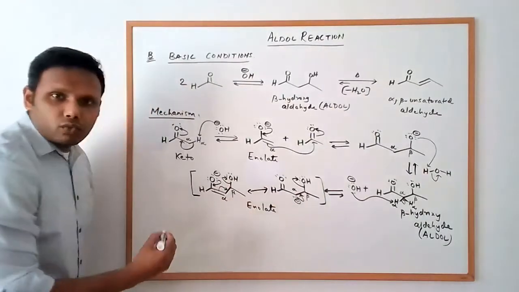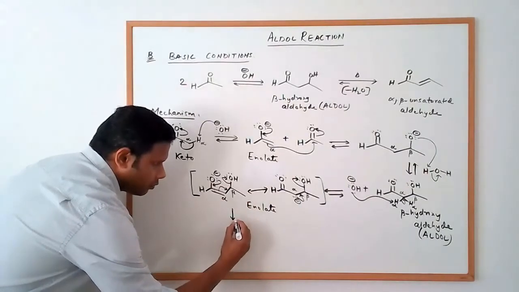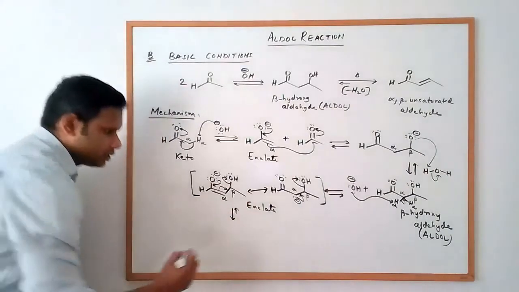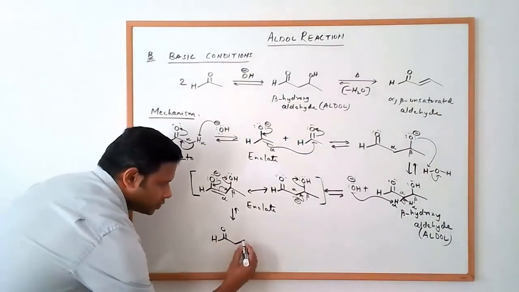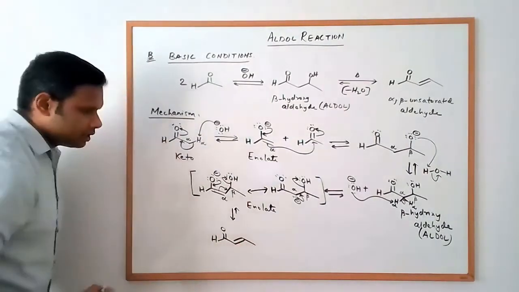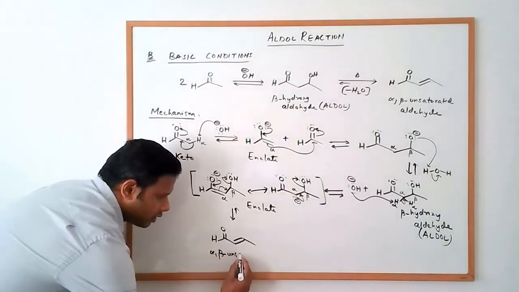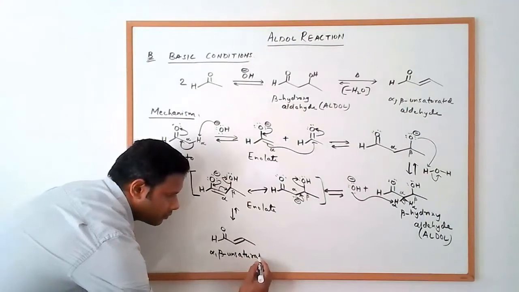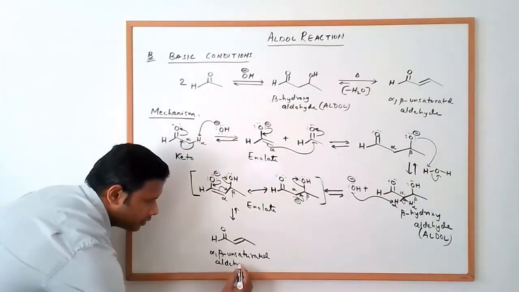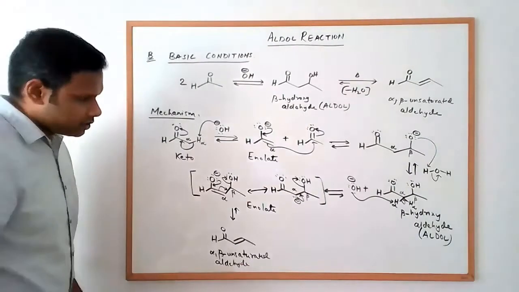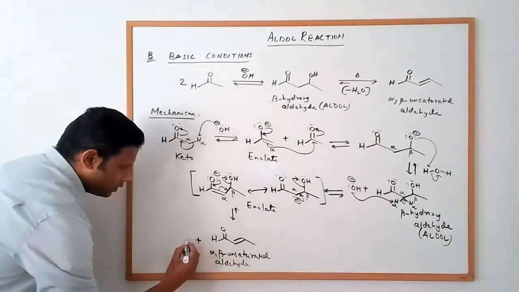It doesn't matter how you show the electron push, but it gives you the alpha beta unsaturated carbonyl compounds. It gives you the alpha beta unsaturated aldehyde here.